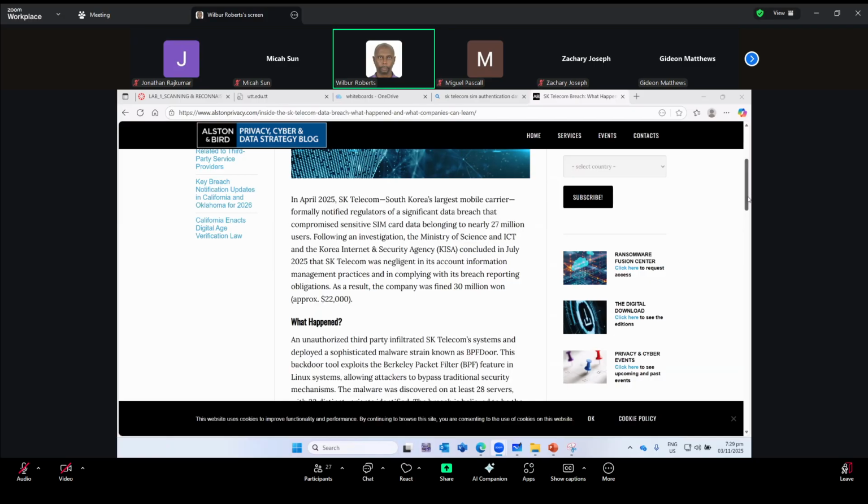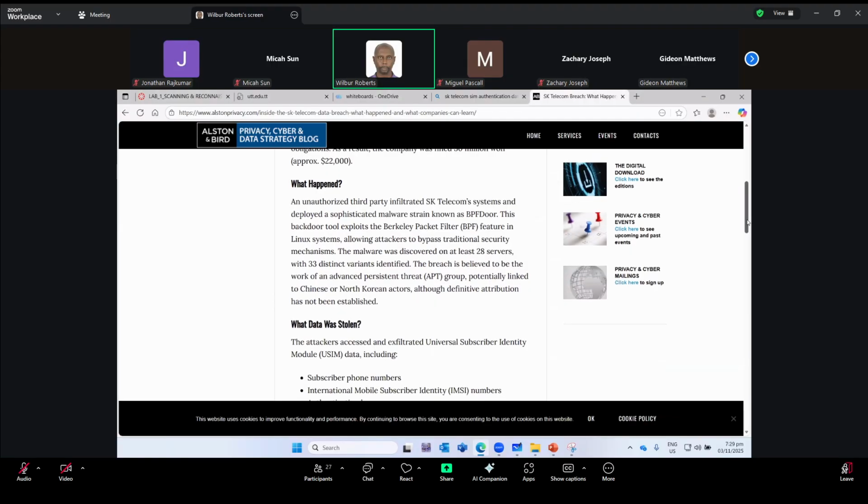So what happened? An unauthorized third party infiltrated SK Telecom systems and deployed a sophisticated malware strain called BPFDoor. This backdoor tool exploits the Berkeley Packet Filter feature in Linux systems, allowing attackers to bypass traditional security mechanisms.